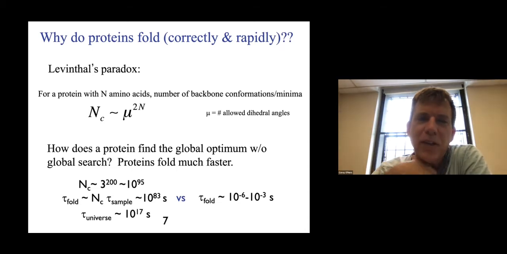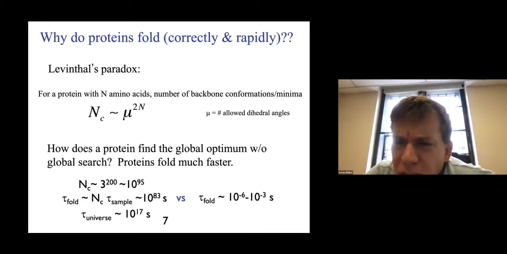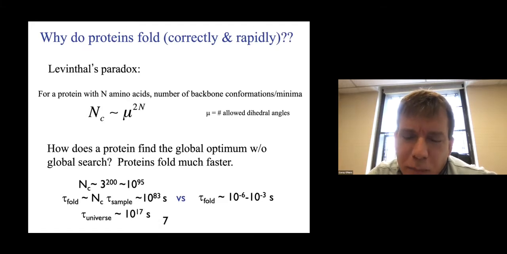I'm going to imagine that there's a protein with n amino acids. For those n amino acids, you have to specify what the conformations of those amino acids are. The main conformations are what are called dihedral angles, and we're going to talk in great detail about what dihedral angles are.